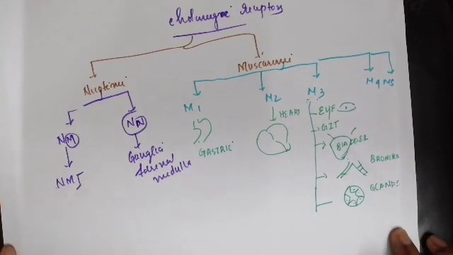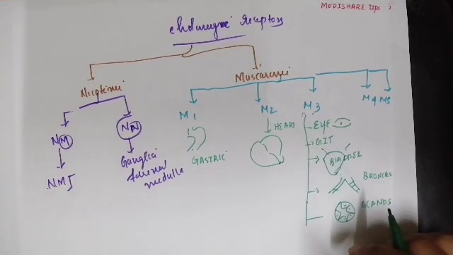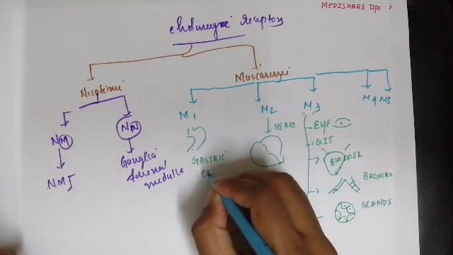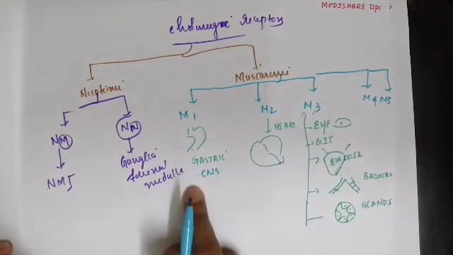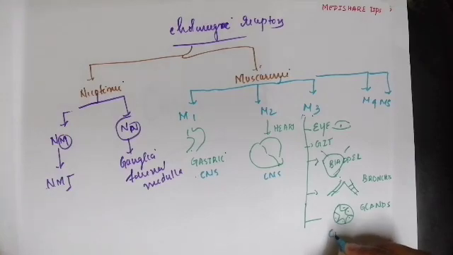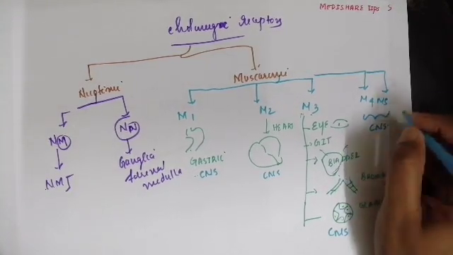These are the important regions where M3 receptors are present. About M4 and M5, you should say that these receptors are present in the CNS. M1, M2 and M3 are present in the CNS too, while M4 and M5 are present in the CNS only.